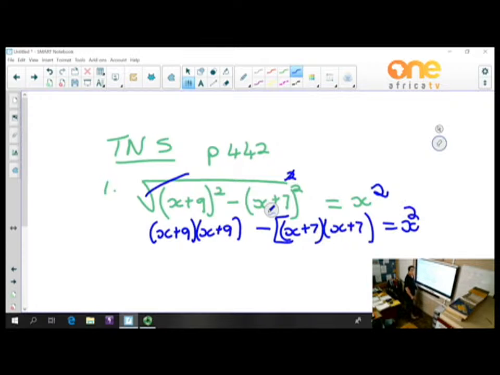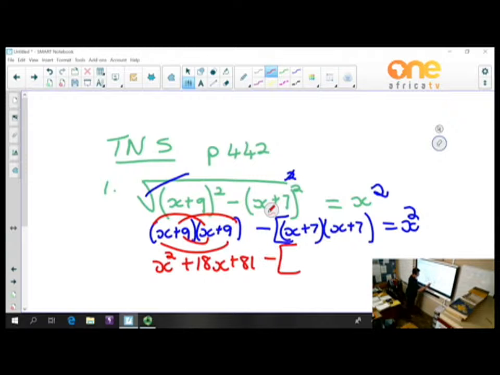Sometimes they will ask you to show it by using Pythagoras. Now here we multiply, first with the first, last with the last, inner, outer. Can you remember? So this is then x squared plus 18x plus 81 minus, I'm first going to deal with it here in the brackets, so it's x squared plus 14x plus 49, which is equal to x squared.